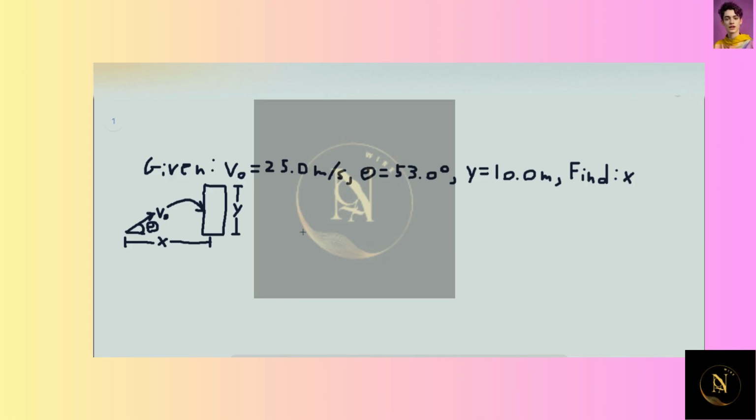Okay. So now the first thing we can do is break up the initial velocity into components. So let's get the x component of velocity.